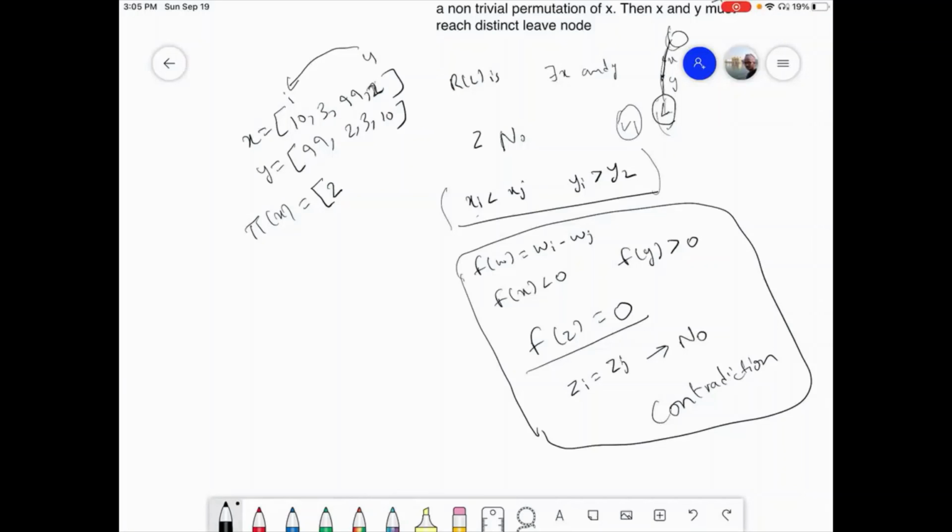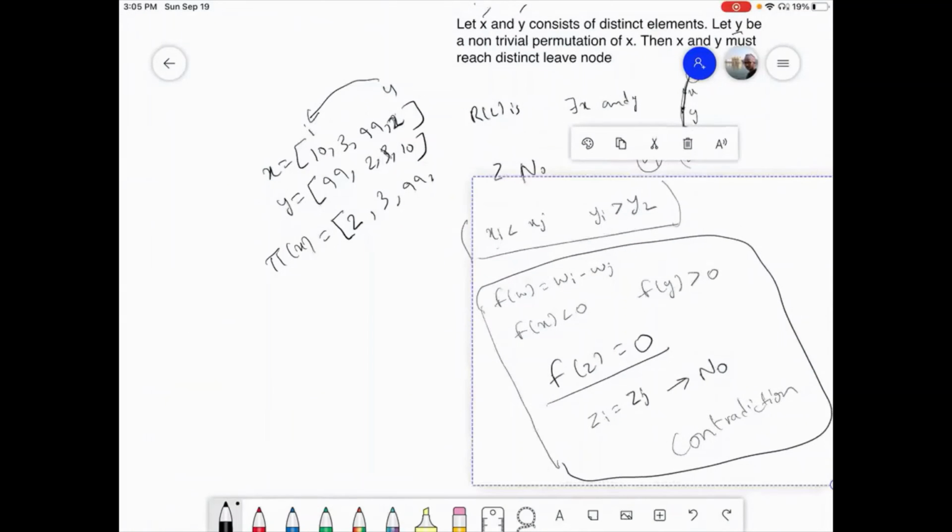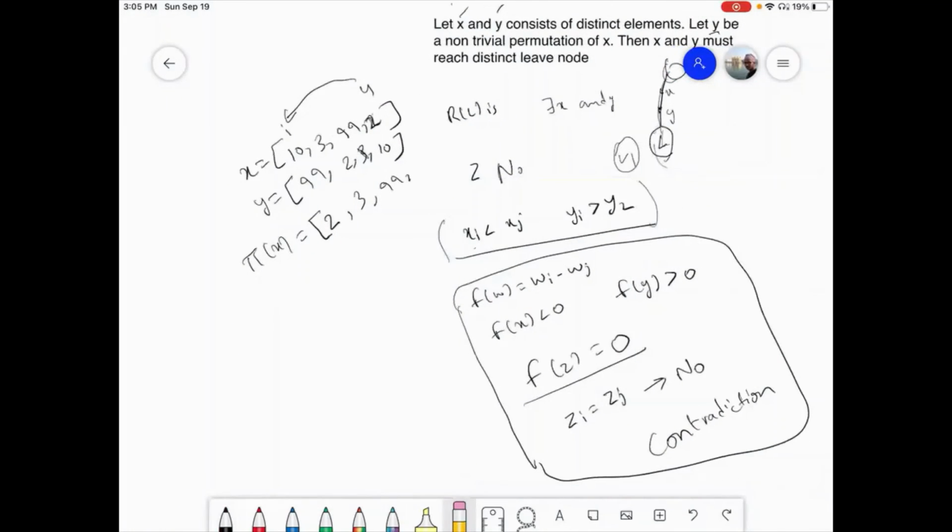This is one permutation, right? So when you sort this whole array X, we end up having 2, 3, 10, and 99.